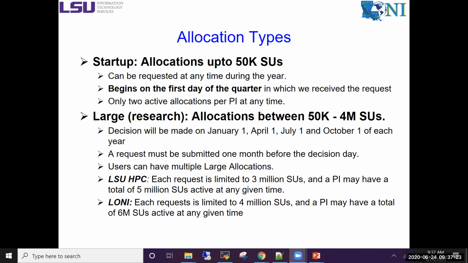Okay, where are we right now? We're going to talk about large allocations, research allocations. If your group needs a lot of SUs for larger simulations and the startup allocation may not be enough, your PI may need to apply for a larger allocation, which has 50,000 to 4 million SUs.